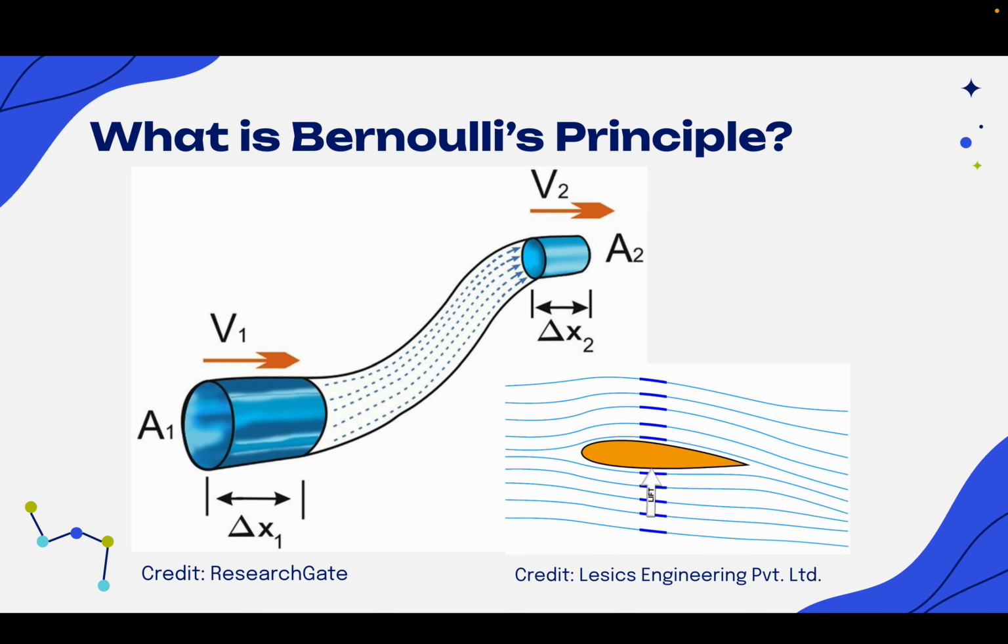So this is the diagram for Bernoulli's principle. Although it's not noted here, we have to know that these sections of the tube are measured over the same interval of time. So in the same interval of time, the fluid travels this amount of distance in this section, delta x1, and in this section, it travels the distance of delta x2.